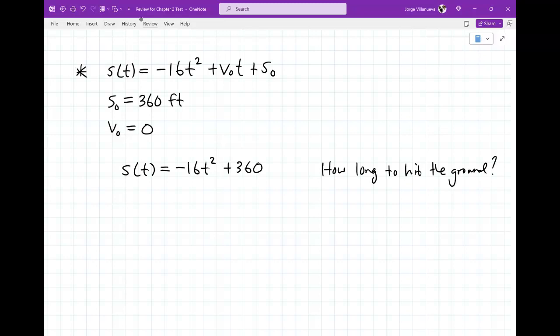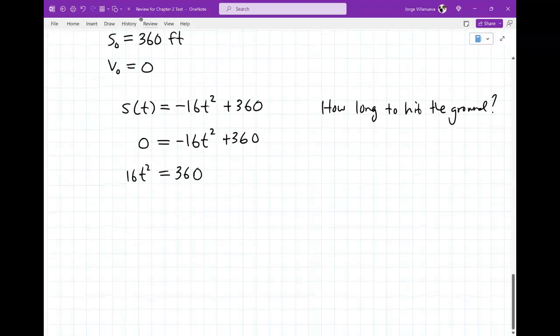Well, I don't need velocity. Make it equal to 0, right? My final height has to be 0, right? So 0 equals negative 16 t squared plus 360. We'll move the negative 16 t squared over. We'll divide both sides by 16.